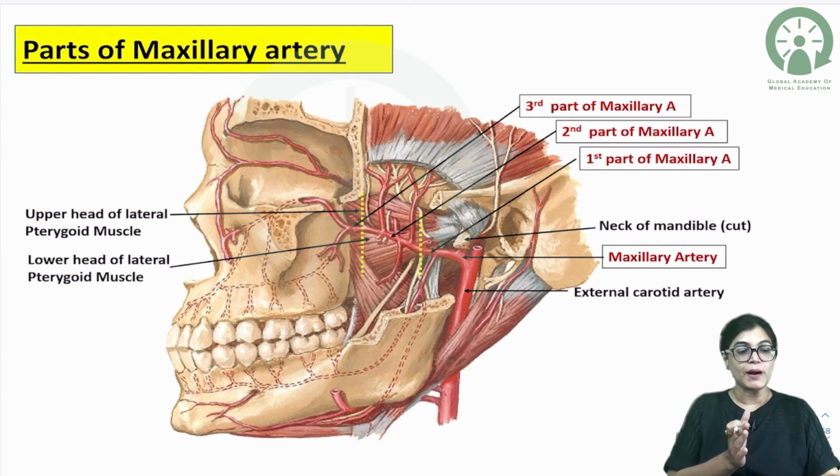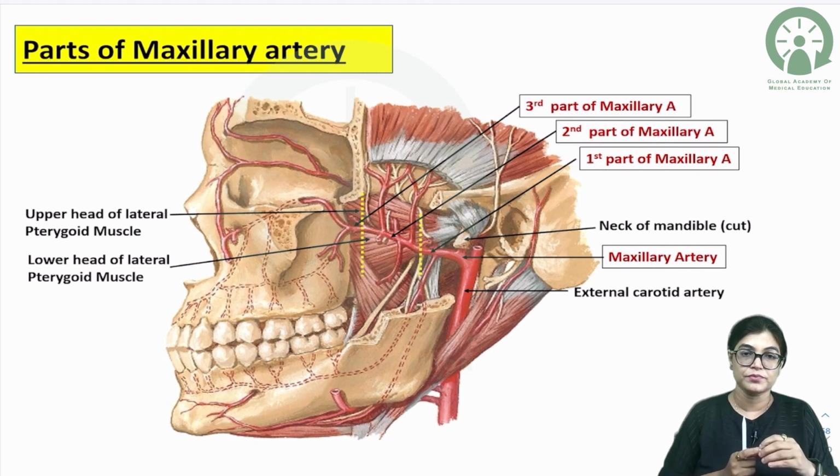The division is done by the lateral pterygoid muscle, which is considered the key muscle of the infratemporal region. We have to individually know the branches from the first part, the second part, and the third part of the maxillary artery.